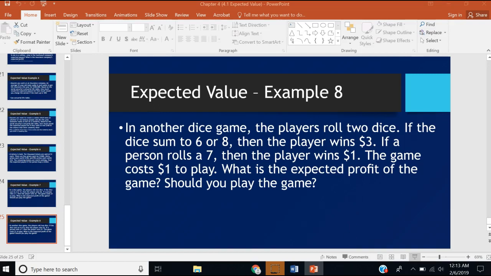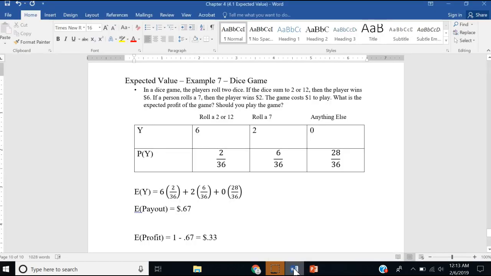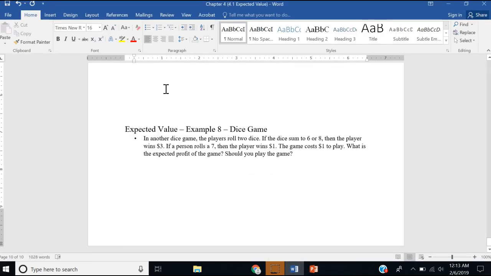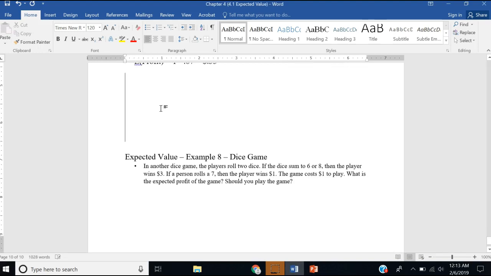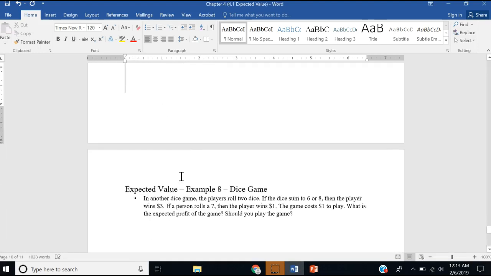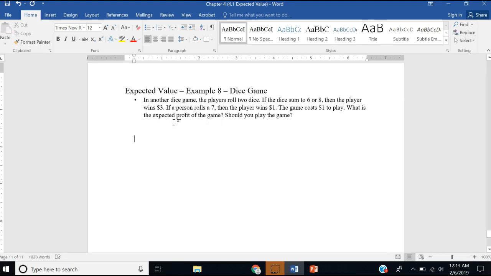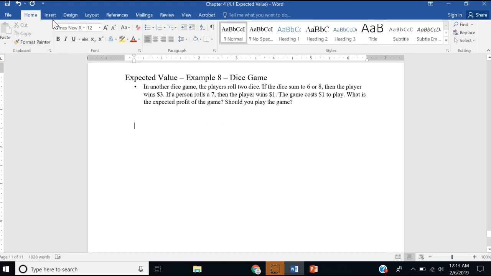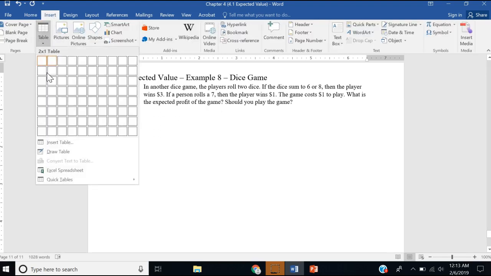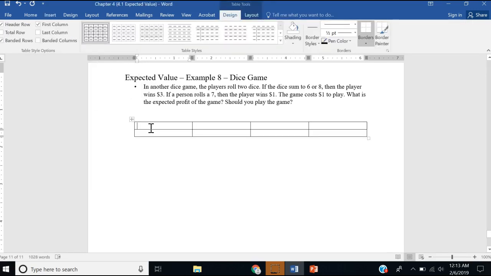So let's go back to notes. Again, notice that I'm going to get to a new page there. I wouldn't normally do that if I were writing this down by hand, but it's a little bit easier to deal with a new page in here. So again, three different payouts.